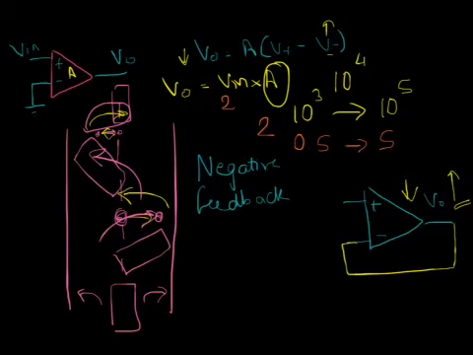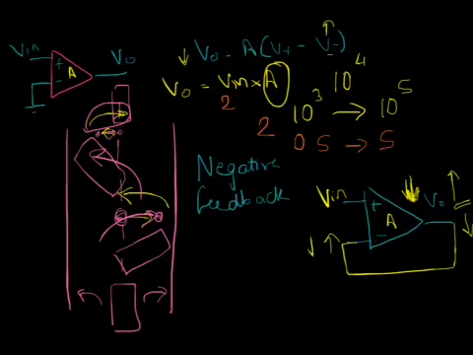So what we do is we feed the Vout into the negative input. So let's analyze what exactly is happening here. If Vout increases from what it's supposed to be, V minus also increases. As a result, the difference Vin minus this becomes smaller. As this becomes smaller, the smaller number into A becomes smaller, and thus Vout comes down. Opposite case, say in the beginning, Vout decreased from the value it's supposed to be at.